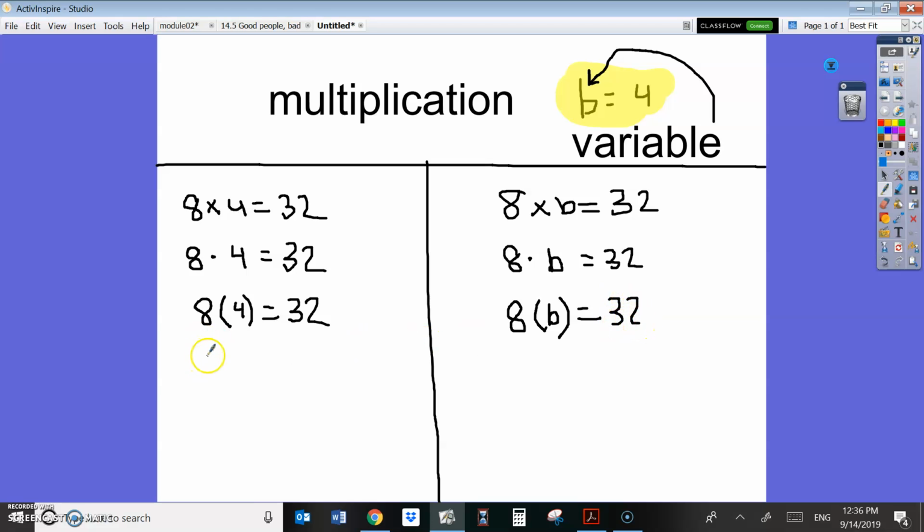And on this side, you can do another one: 8b equals 32.